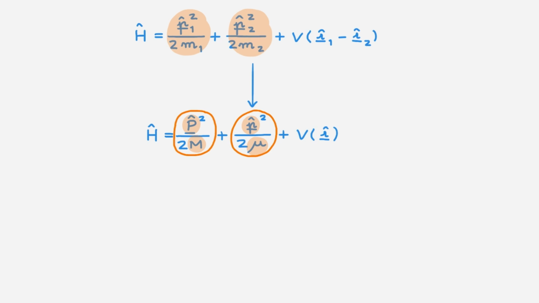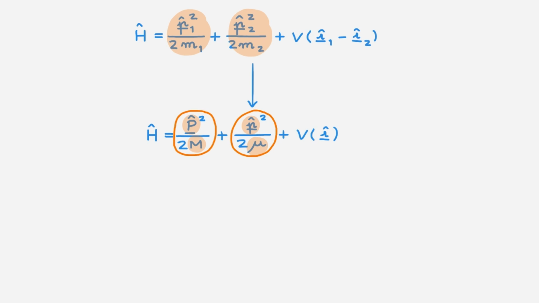This result is really extremely important. Looking at the kinetic energies of the transformed Hamiltonian, mathematically they look like the kinetic energies of 2 particles, one of mass capital M and the other of mass mu. So if this is what the maths tells us, we can then also extend this to the conceptual level.